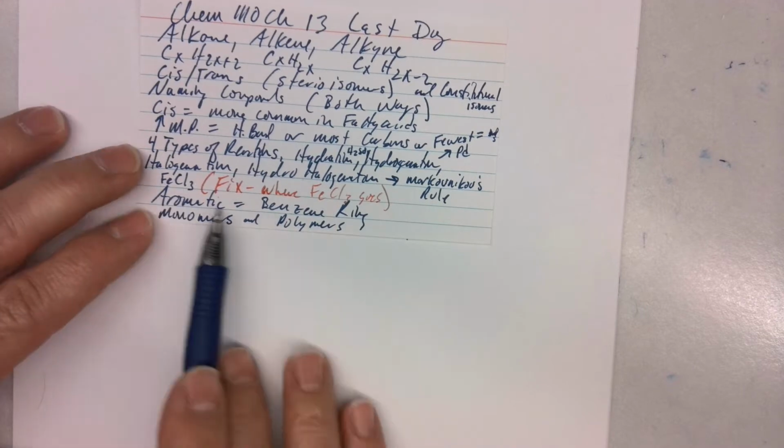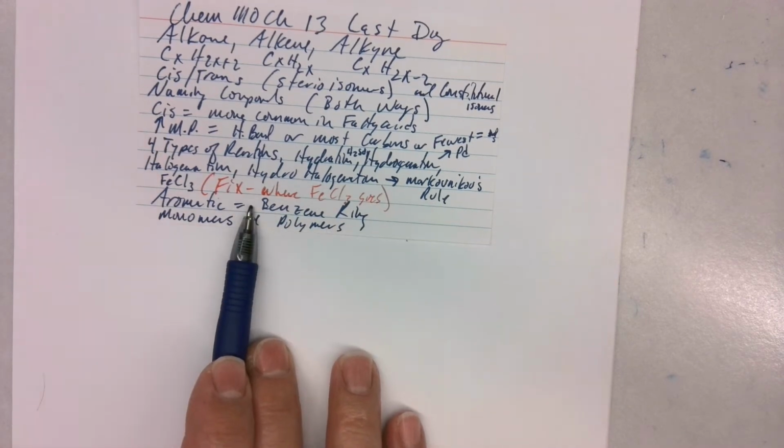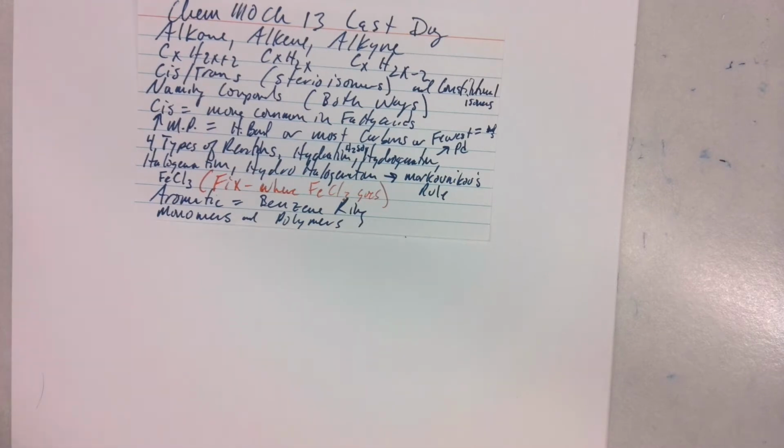See how I've written this in red right here? You can actually find this in the text, but I feel like I've got to point out because there's a question like this on the test.